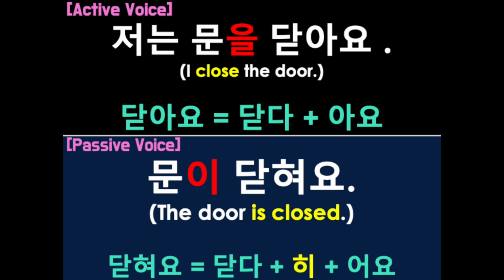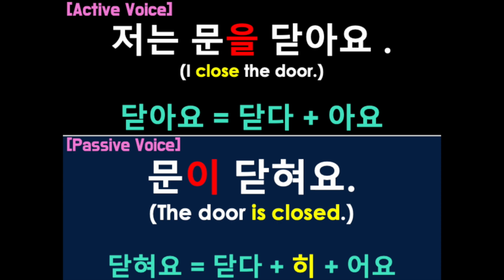Next sentence is 저는 문을 닫아요. I close the door. 닫아요 is an active voice form. How do we change to passive voice form? 문이 닫혀요. The door is closed. Where does the word 닫혀요 come from? 닫다, to close. 히, passive voice suffix, plus 어요, informal ending. 닫혀요. 문이 닫혀요.